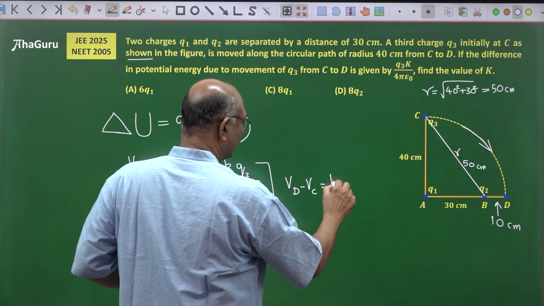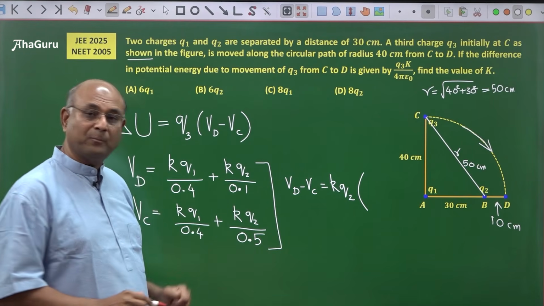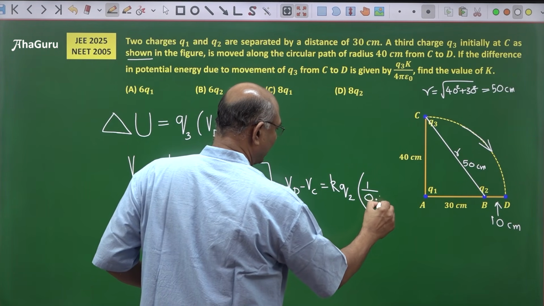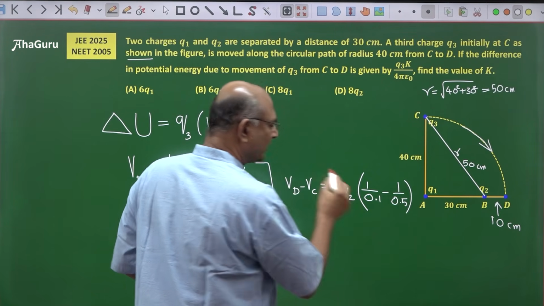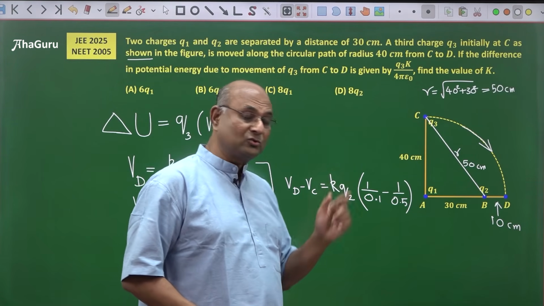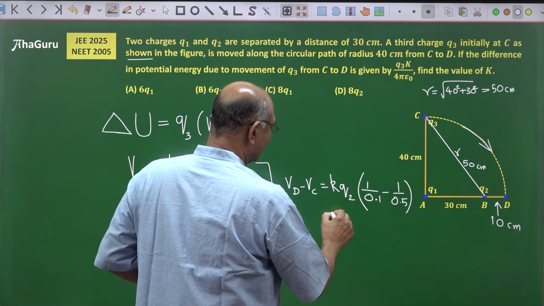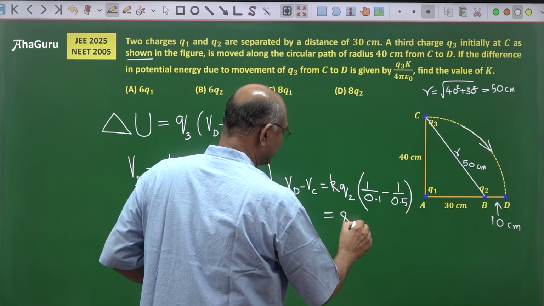So KQ2 into, I'll write it out fully, 1 by 0.1 minus 1 by 0.5. What is 1 by 0.1? 10. What is 1 by 0.5? 2. So 10 minus 2 is 8. So you're going to get 8 times KQ2.